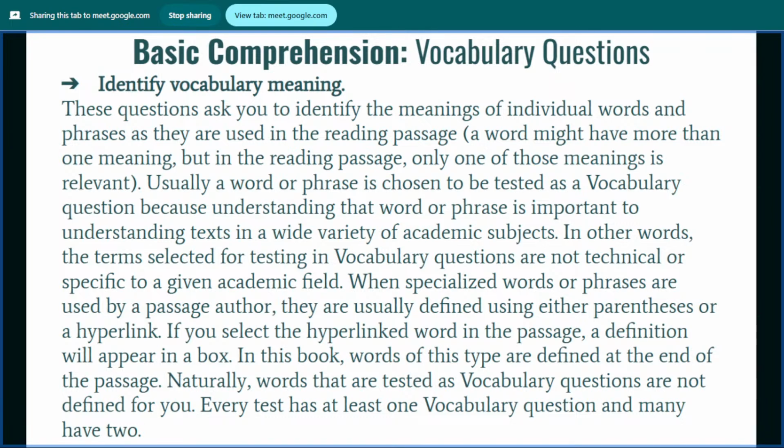Vocabulary questions, you already know. Over here you will be given a word which will be highlighted in your sentence in the whole passage, and when you get a question, you will be asked the meaning of that word in the context in which it is being used. Now understand this: in English, when you use any word, that one word could have multiple meanings. Correct?